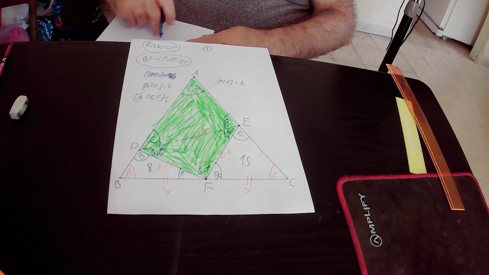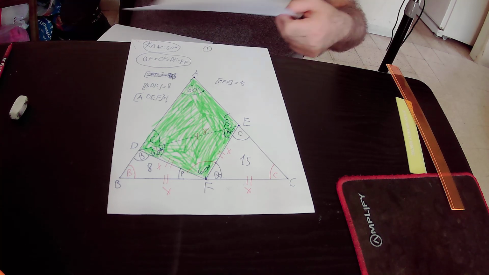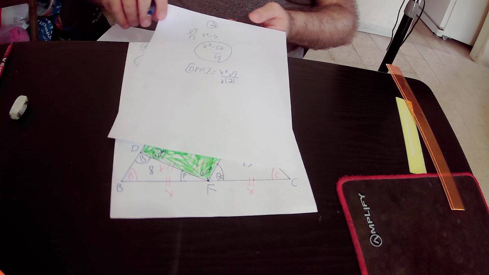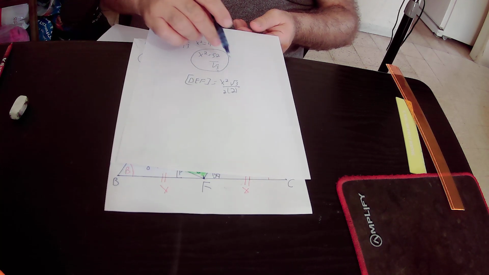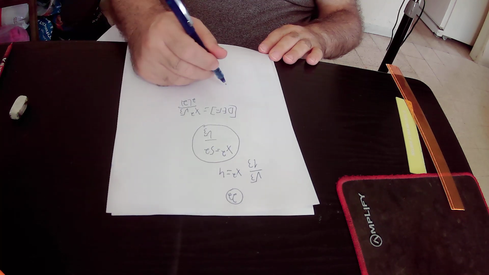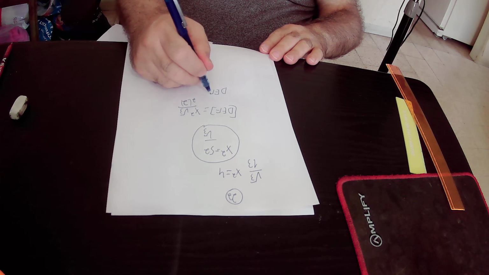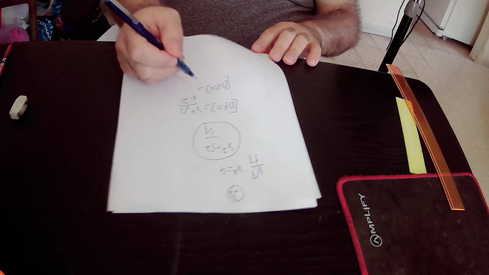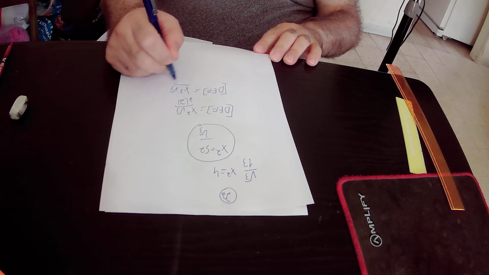So the area of the equilateral triangle DEF equals x squared times root 3 over 4.